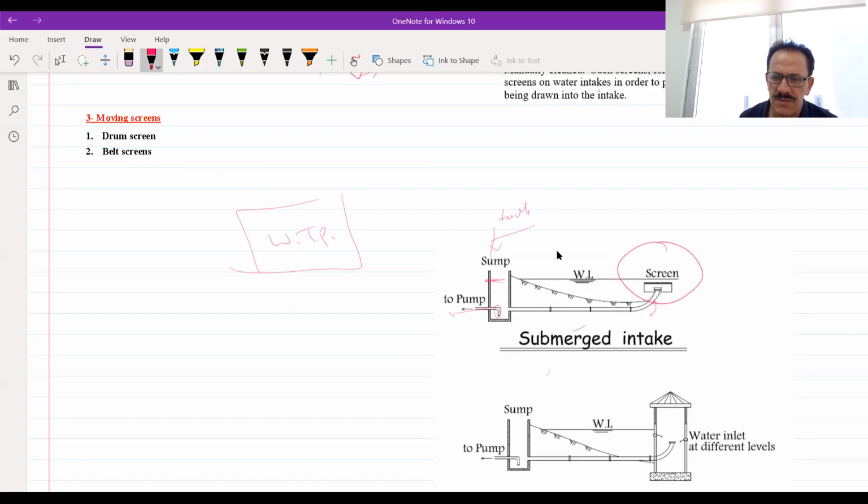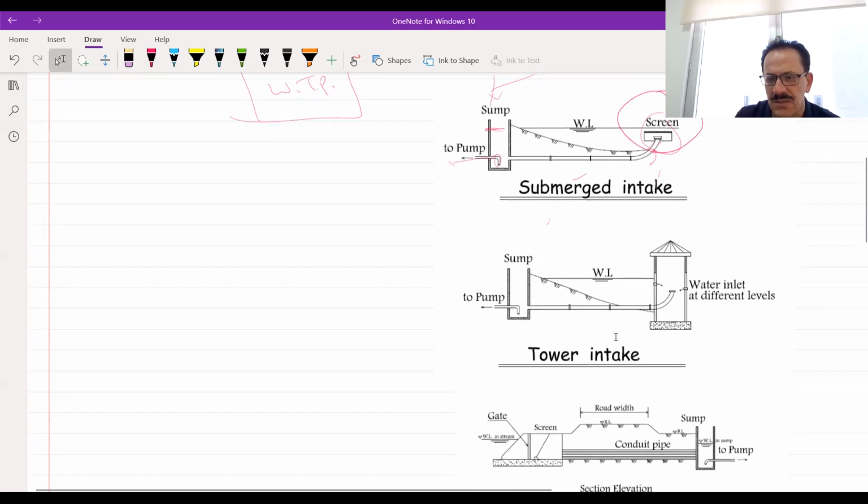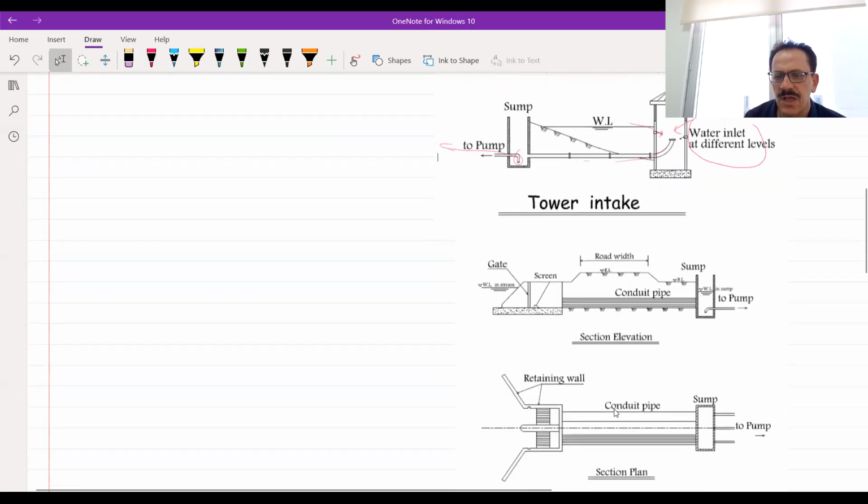Sometimes we have a submerged intake, which means the screen is under the water level, and sometimes we have another kind of intake called a tower intake. It looks like a tower inside the water, and the water comes inside this well on that tower, and we deliver water from this tower and send it to another tank called a sump. Then from this sump we have pumps, and it goes to the treatment plant.